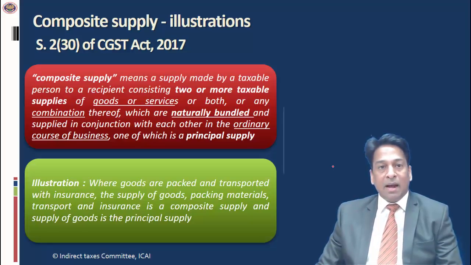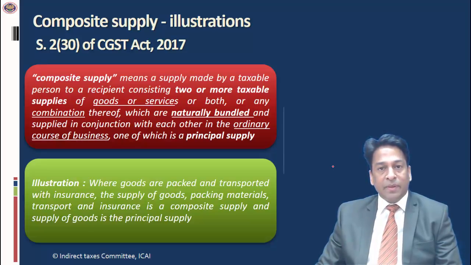An example is given under Section 2 subsection 30 of the CGST Act 2017, which defines the term composite supply. If supply of goods happens with packing material, transportation, and insurance, then what would be the treatment of transportation and insurance?